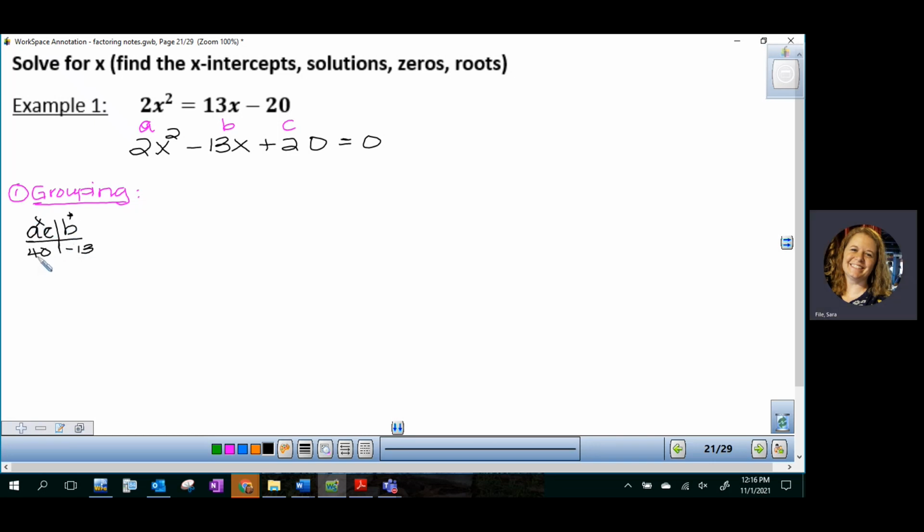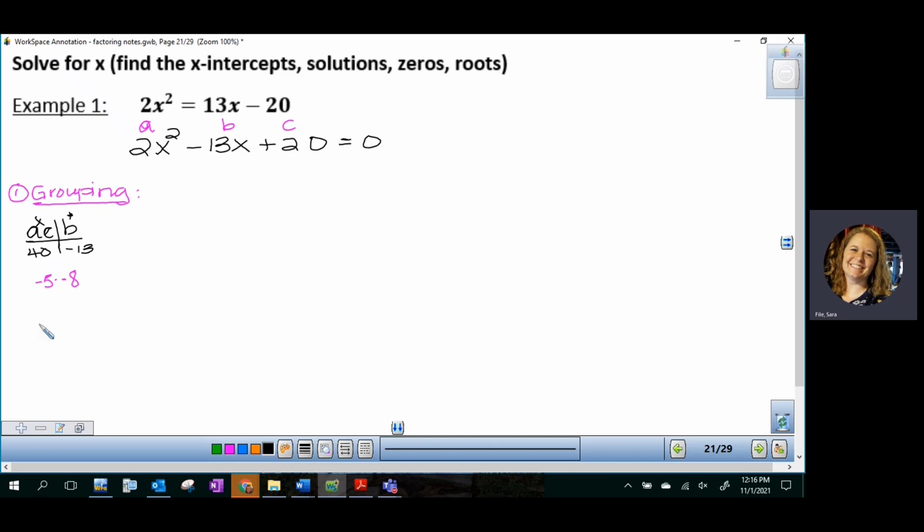Y'all think of factors of 40 that would add to negative 13. 5 and 8. Okay, but if I want it to add to negative, what would both of them have to be? Negative 5 and negative 8. Because negative 5 times negative 8 would be positive 40, and negative 5 plus negative 8 would be negative 13.